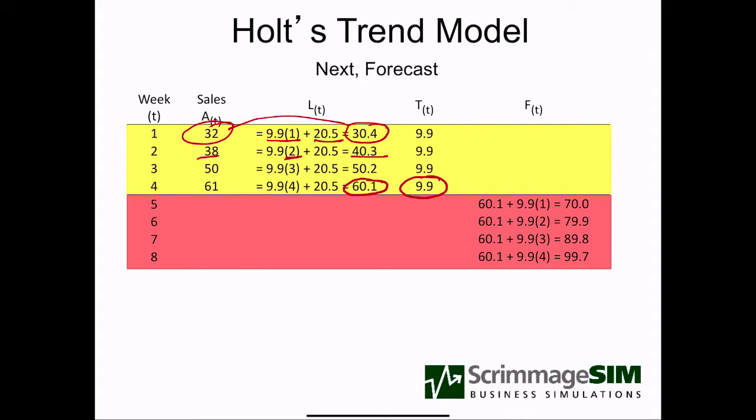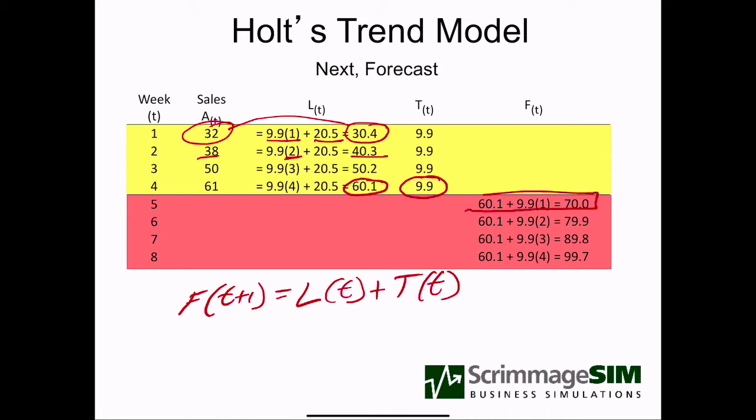And at this point, with the model initialized, we would take a forecast using Holt's model. The forecast in period t plus 1 will equal the level in period t plus the trend that we think we have in period t. And that's what we would have here.